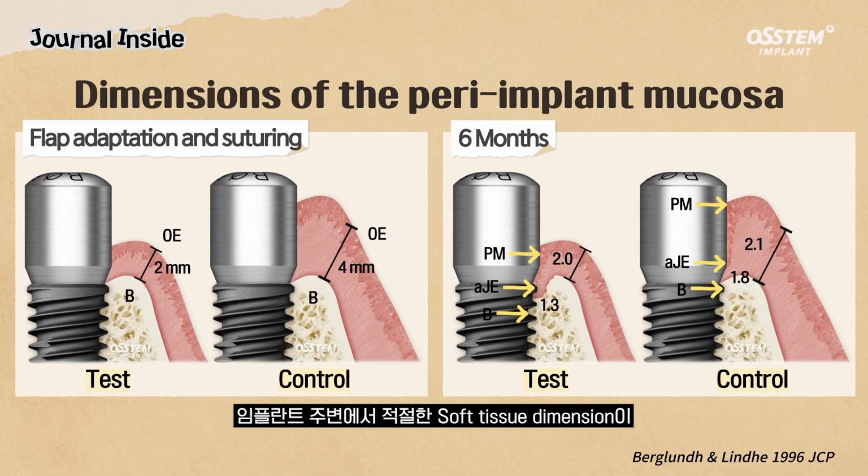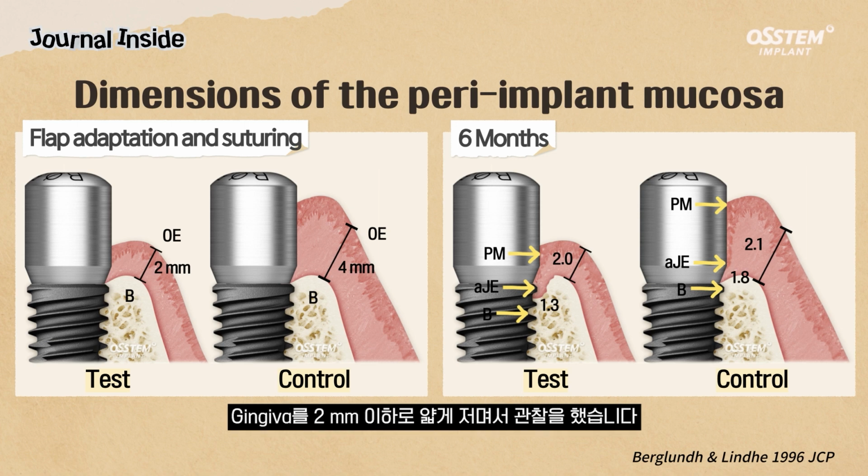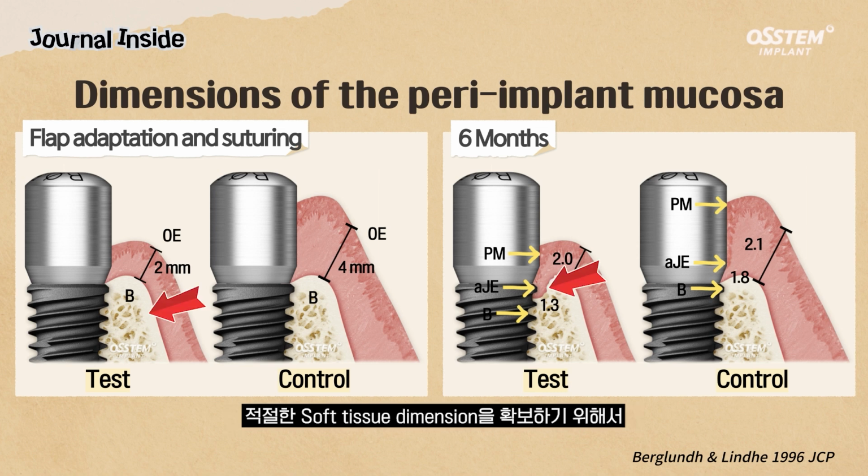A well-known study by Berglund and Linde in 1996 examined what happens when appropriate soft tissue dimensions are not achieved. They observed when the gingiva was thinned down to 2 millimeters. The crestal bone loss occurred to secure soft tissue dimensions.